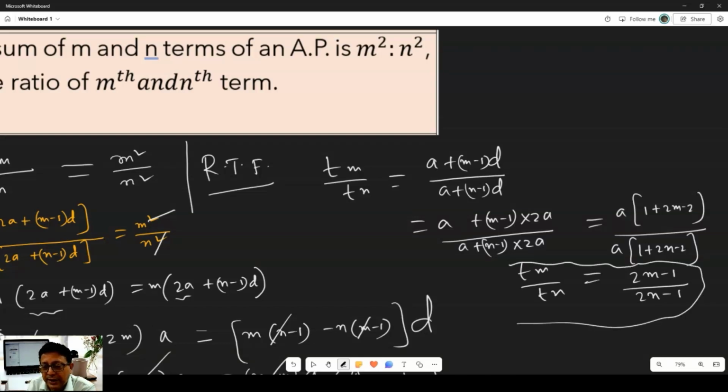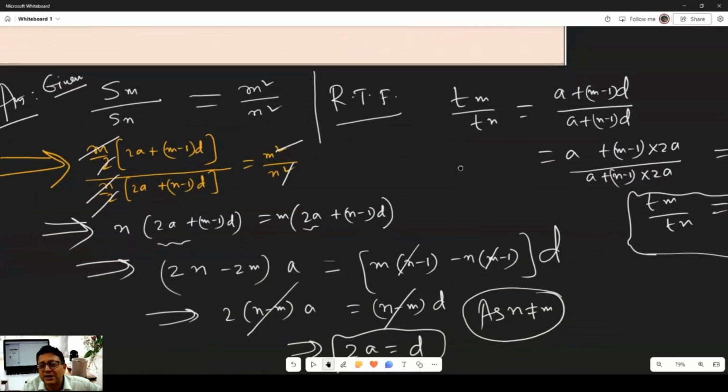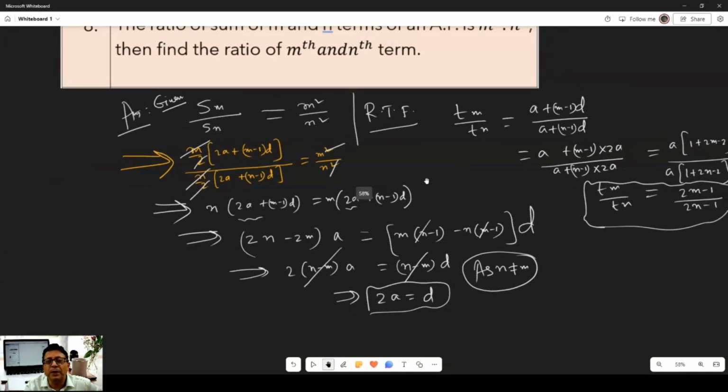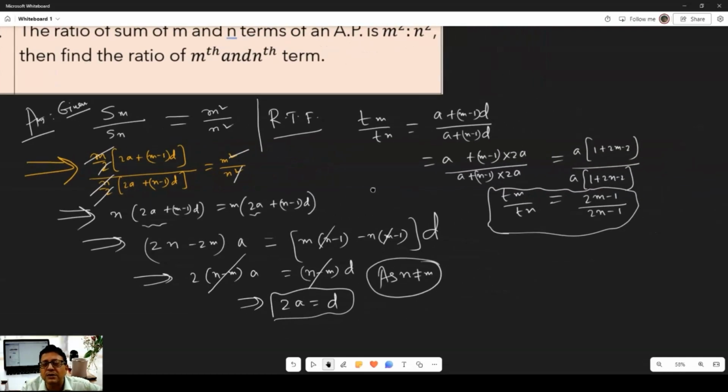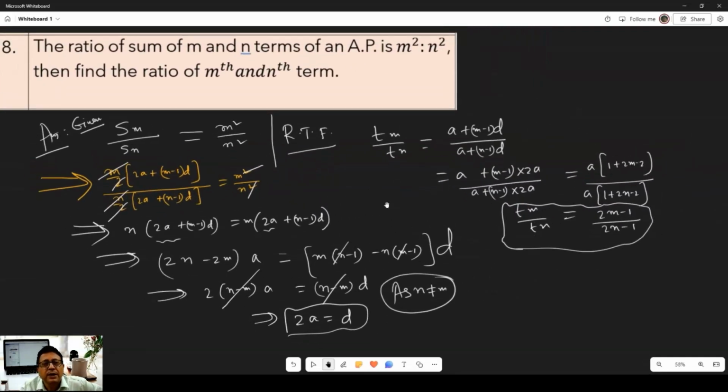So Tm by Tn is going to be like this. Okay? It is 2m minus 1 by 2n minus 1. This is the answer to the problem. Hope you have understood. Just look at the sum once again. Okay? And then tell whether you have understood or not. Pass your comments.